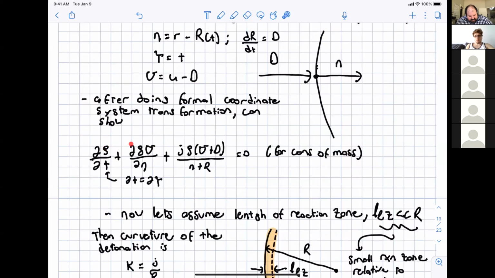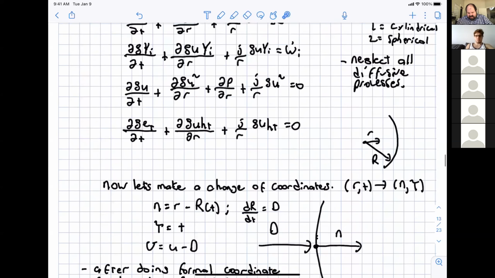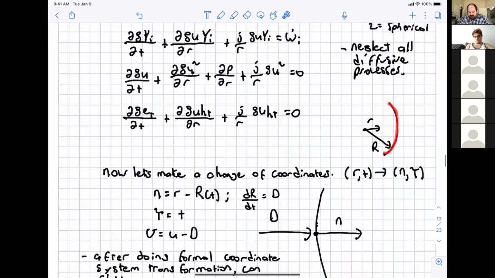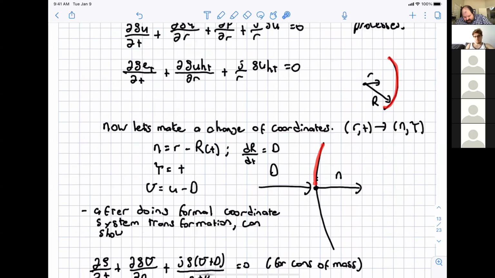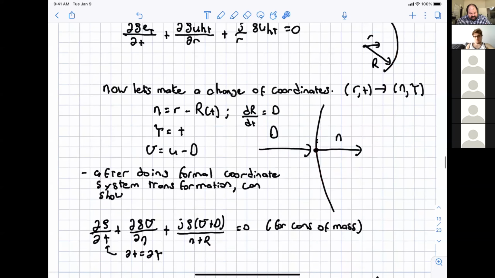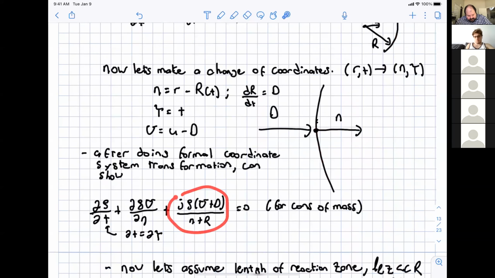So we are just shifting our coordinate system from an expanding circle to an almost planar system, with the exception that we have these extra geometrical source terms that account for the expansion behind the detonation front.